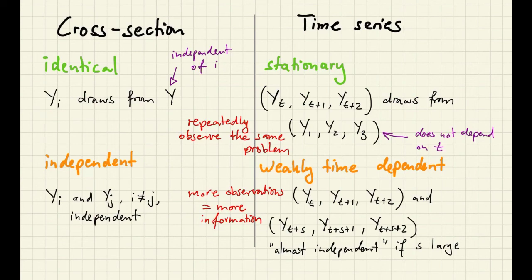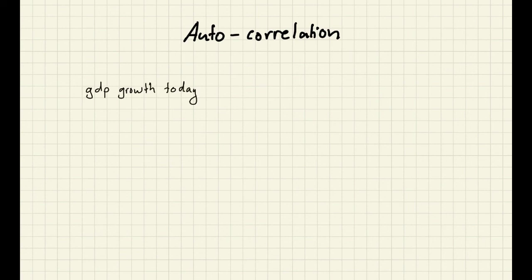To give an example of such dynamics, let's talk about autocorrelation. Let's consider GDP growth today and GDP growth tomorrow. These are represented by our random variables y_t and y_{t+1}. So I may wonder, how are these related? How do these correlate?